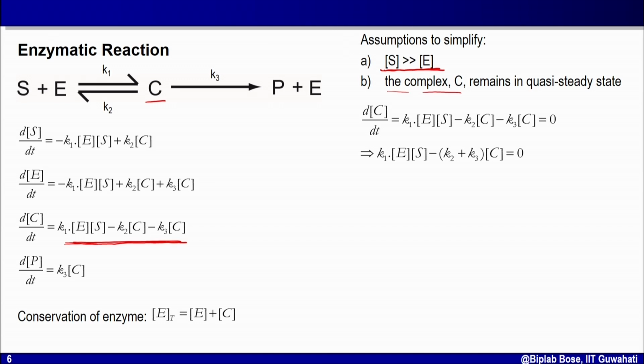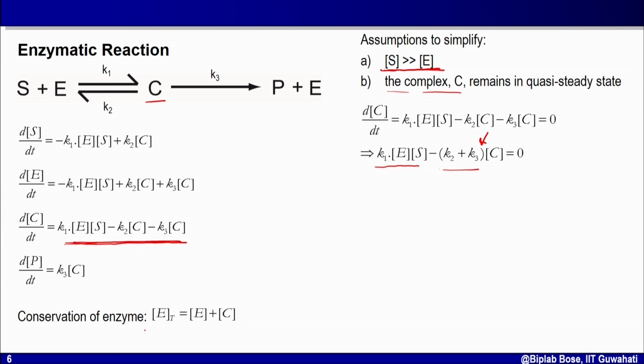K2 and K3 both are associated with C, so I have taken them together. So I write the algebraic relation like this: K1 into E into S minus (K2 plus K3) into C is equal to 0. This is very simple. Now I have assumed a conservation. Obviously the total enzyme is conserved here because there is no production or degradation of enzyme.